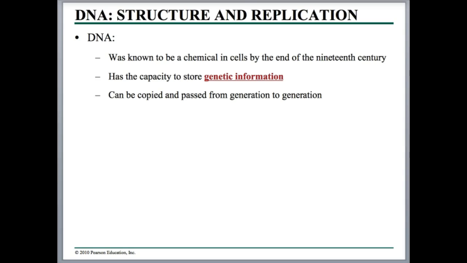So DNA as a molecule is made of one of our 4 types of organic molecules, nucleic acids. And what's important about it is not the caloric value. We learned about in cellular respiration how carbohydrates, proteins, and lipids have caloric value to them. They can go through cellular respiration through glycolysis, Krebs cycle, electron transport, and produce usable energy in the form of ATP.